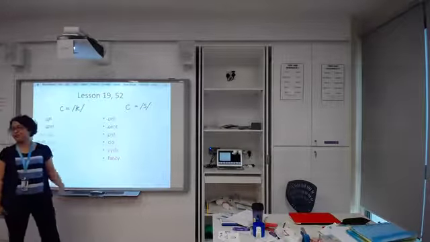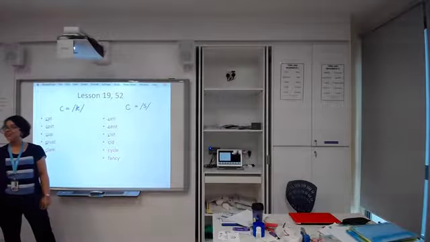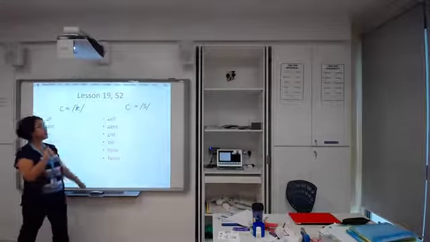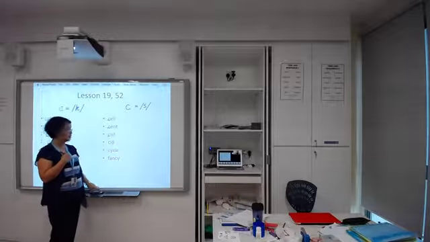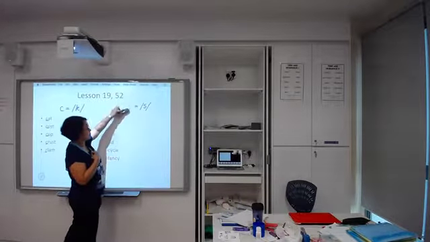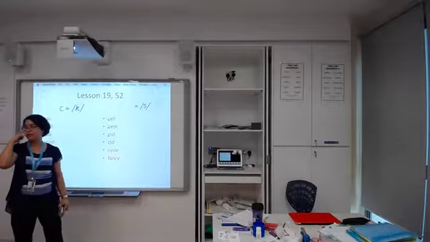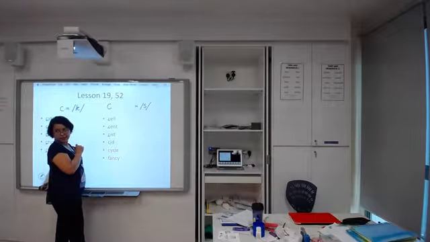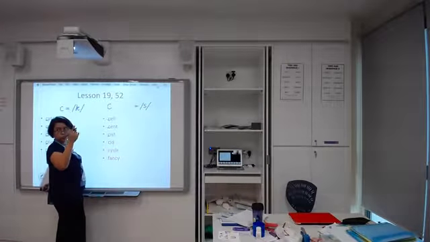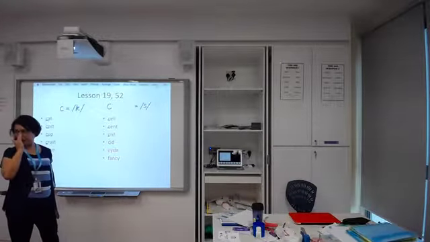What kind of vowels do you have here? E and I. So if you describe the position of the C in relation to E and I, how would you say it? If you see a C next to E and I, but next to could be on either side, so be specific.